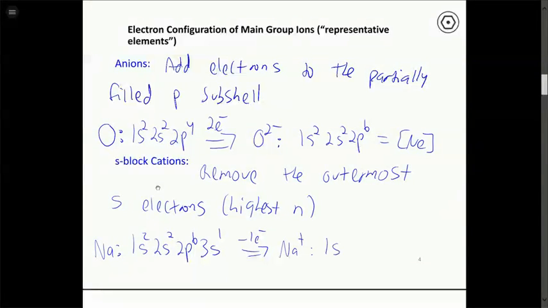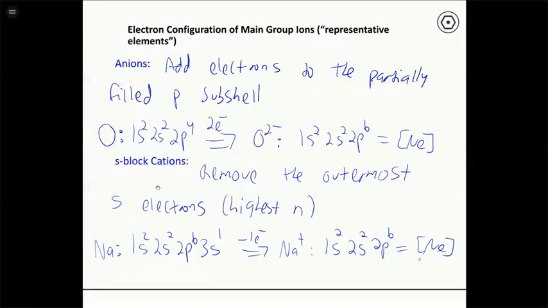So remember, when we form cations and anions, we don't change the number of protons in the nucleus, we only change the number of electrons. So this gets us to a 1s2, 2s2, 2p6 configuration, also the neon configuration. So that 3s electron, which is the last one we put in for sodium, is the first one we remove when we want to make the sodium cation, which would then also have the configuration of a noble gas.